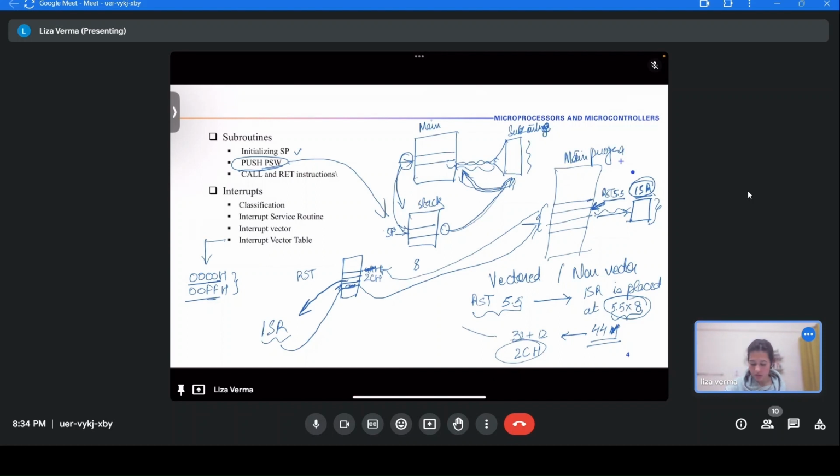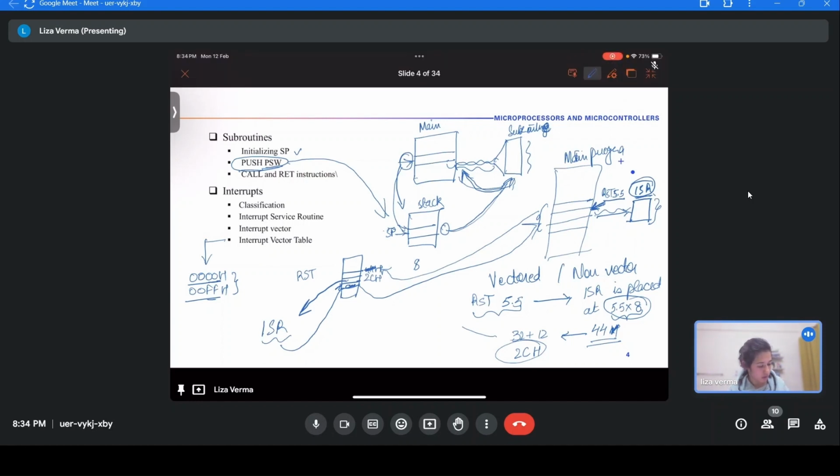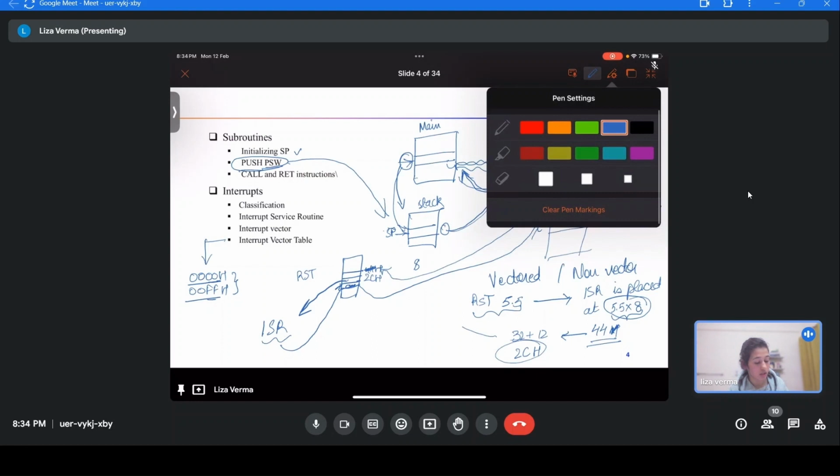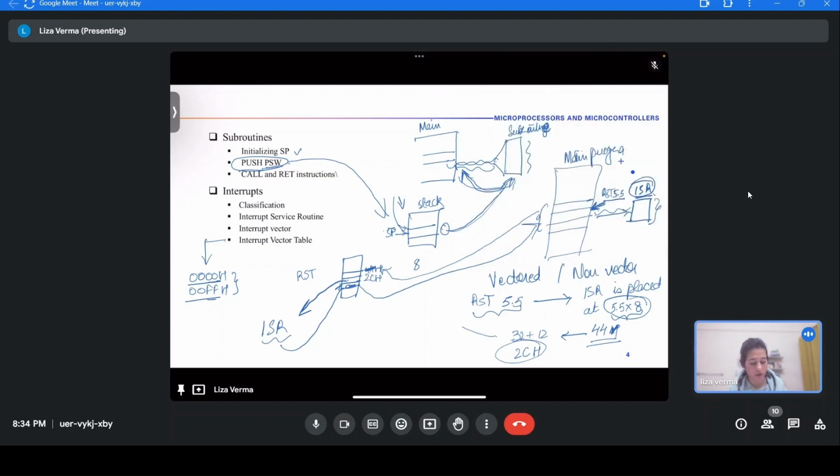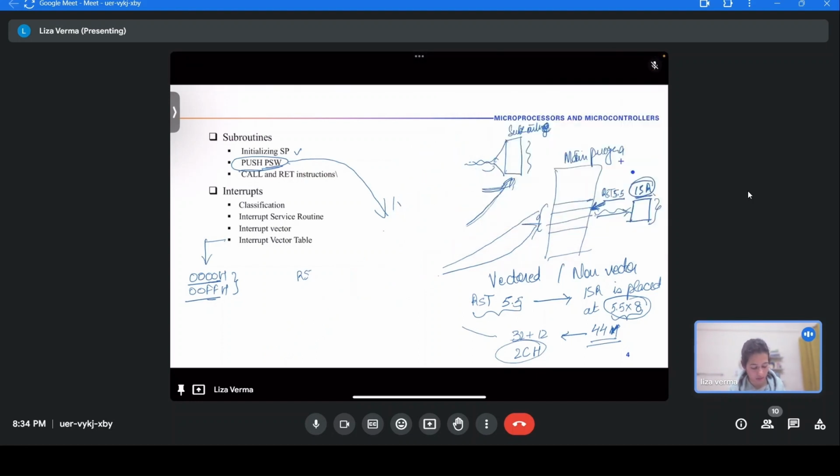Yes ma'am. Non-vector interrupt, how it behaves. So this one was for vectored. In non-vectored, the address is provided by the hardware itself, since these are hardware interrupts only.